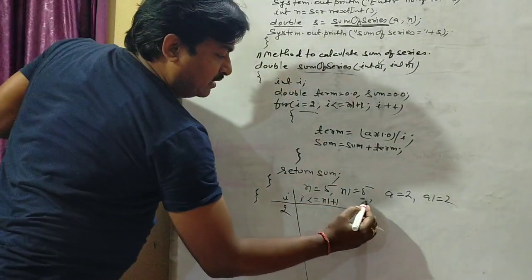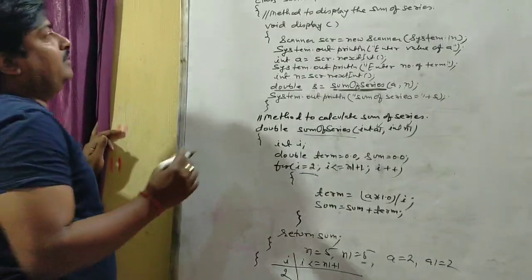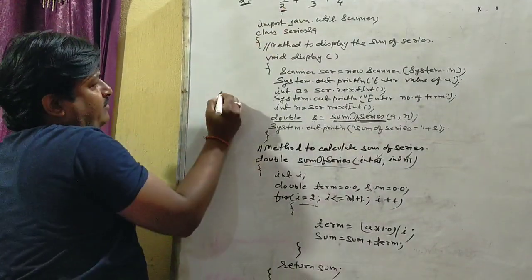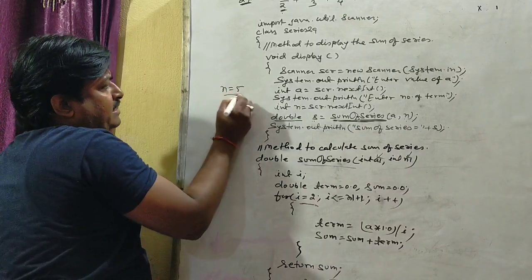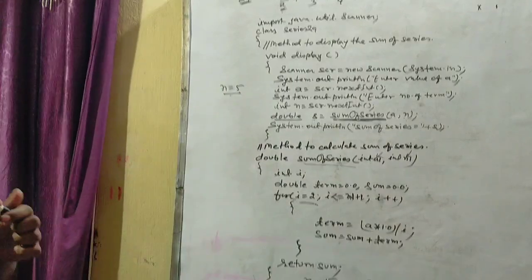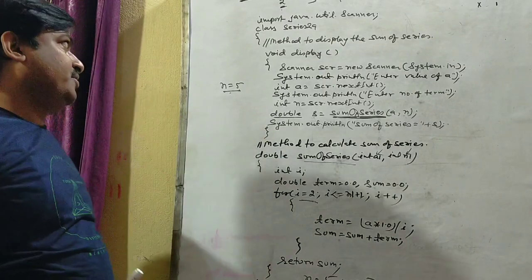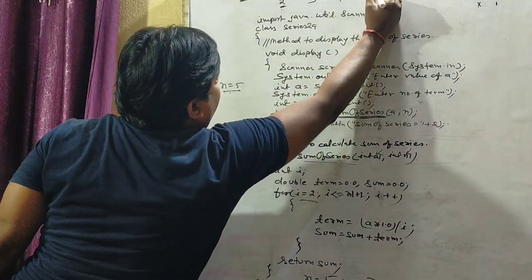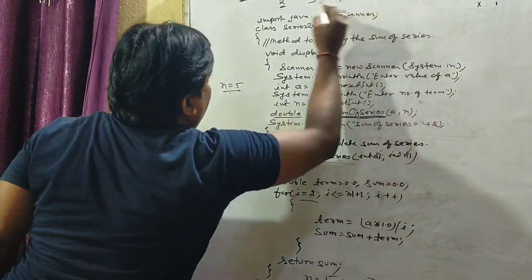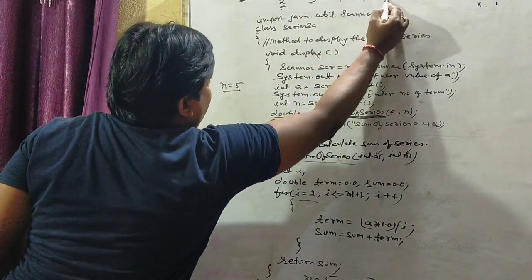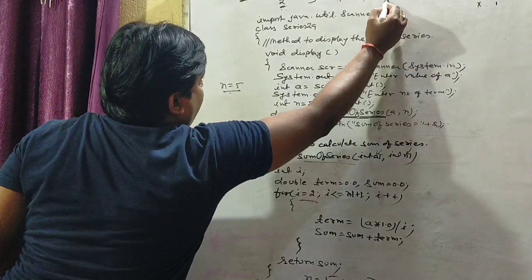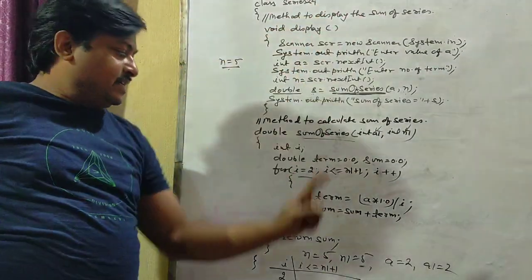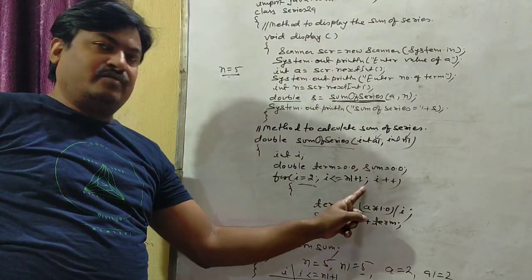Because the series starts from 2, and if n equal to 5, this means we have to print a total of 5 terms. So 5 terms fall in a by 2, a by 3, a by 4, a by 5 and a by 6, that is 1, 2, 3, 4, 5. For the 5th term we have to move up to 6. That's why n1 plus 1.